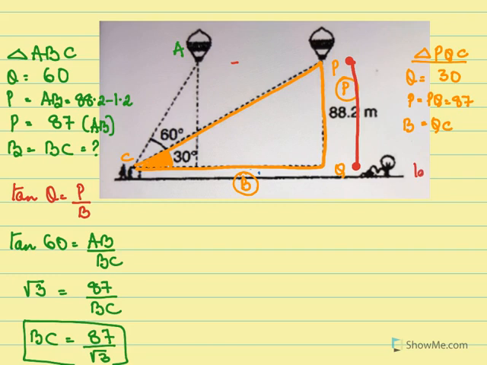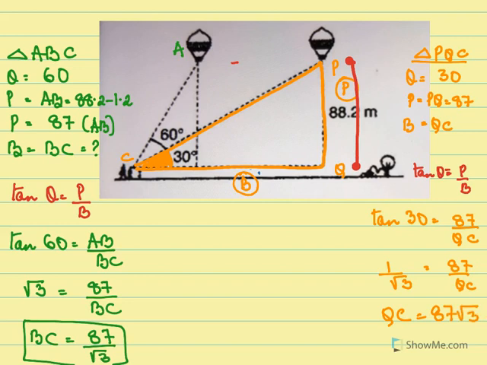So we do tan theta equal to perpendicular over base. In this case tan 30, perpendicular 87, base QC. Tan 30 is 1 by root 3, so 1 by root 3 equals 87 over QC. So QC is 87 root 3. So we found BC and QC. Now we have to find this distance traveled from here to here.